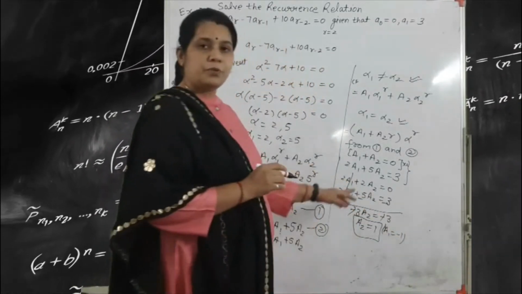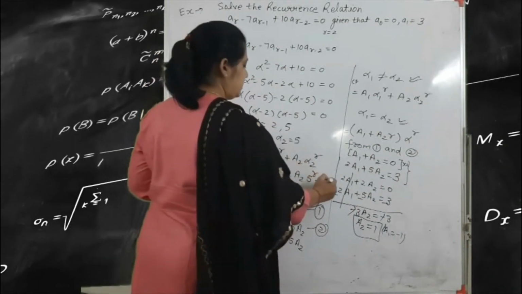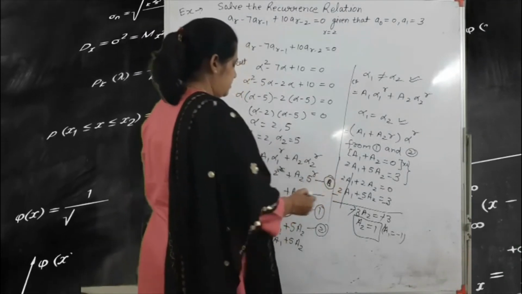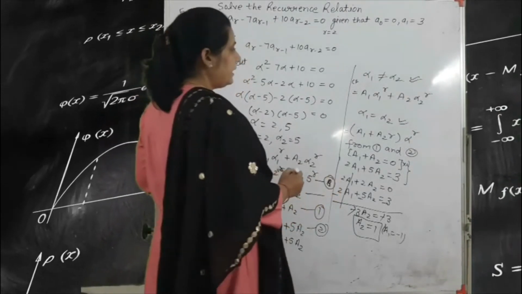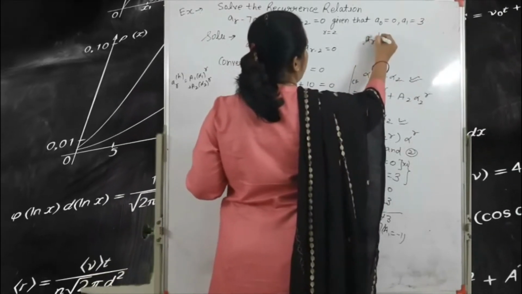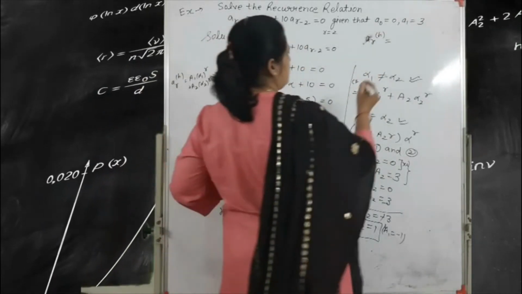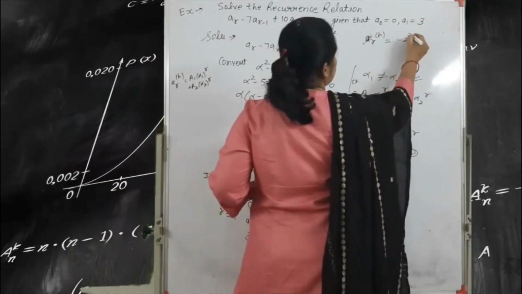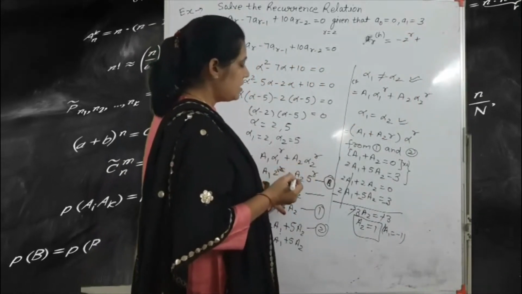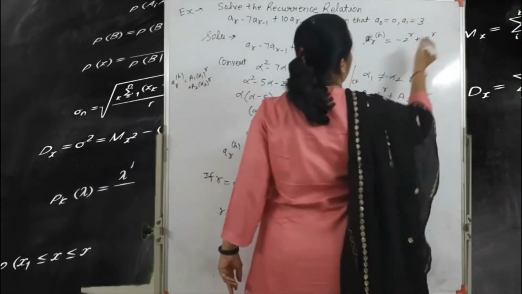Okay, so put both the values A1 and A2 in the standard form. Here is the final answer: ARH is equal to A1, that is minus 1, times 2 raised to the power r, plus A2, that is 1, times 5 raised to the power r.